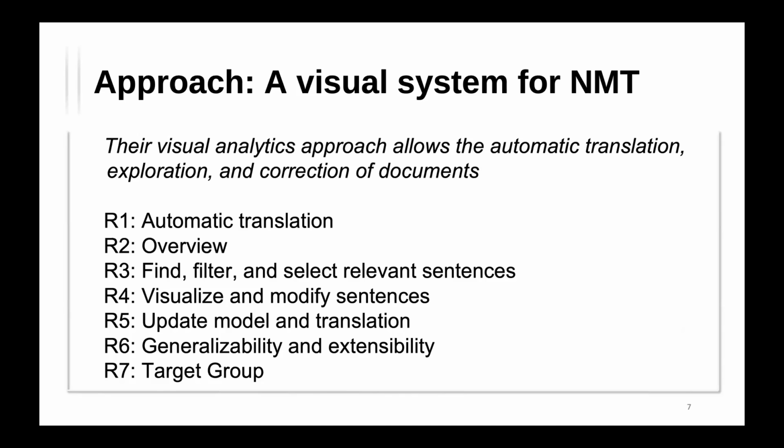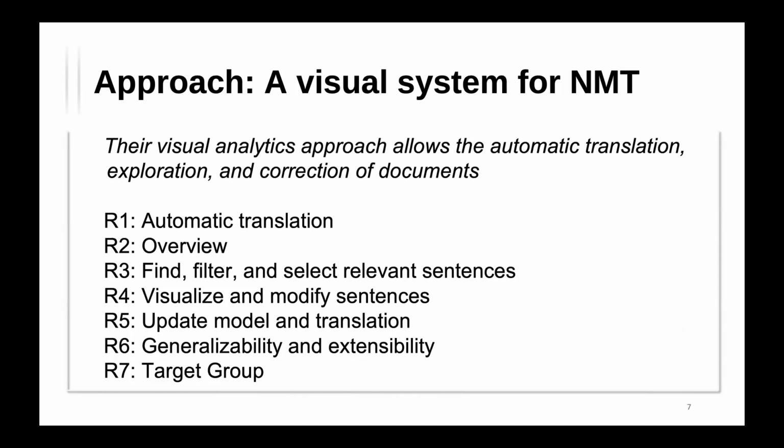And the fifth requirement is to update the model and translation based on the correction given by humans and then retrain the model. And the R6 requirement is called generalizability and extendability.